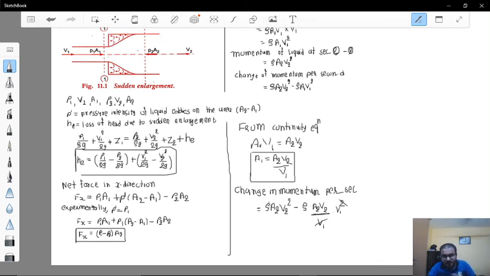So the change of momentum we are getting is rho A2 into the bracket V2 square minus V1 V2. So let's copy this work into our main slides.